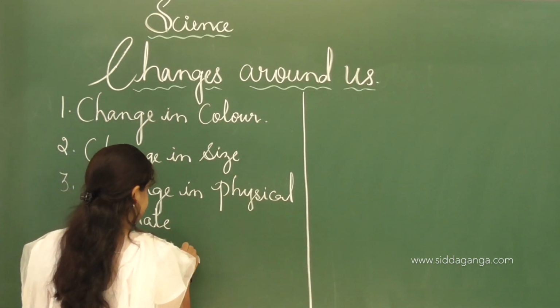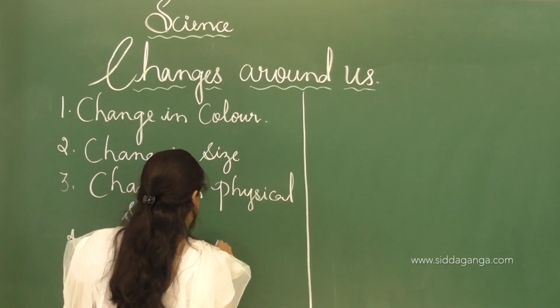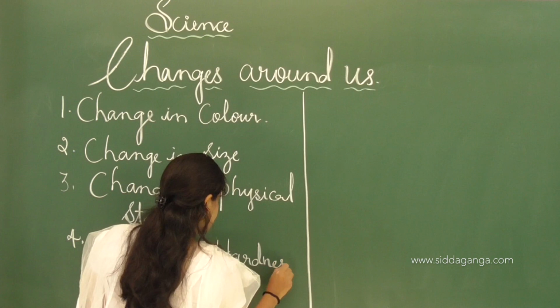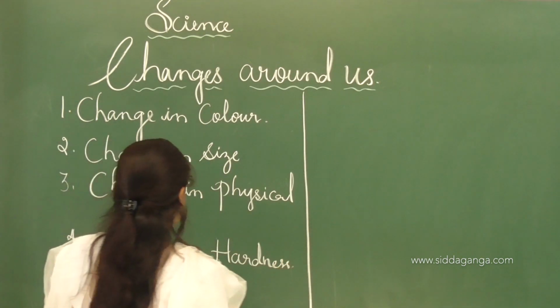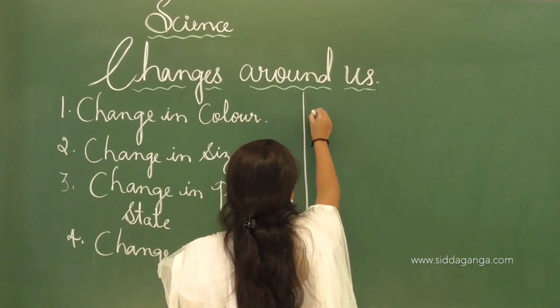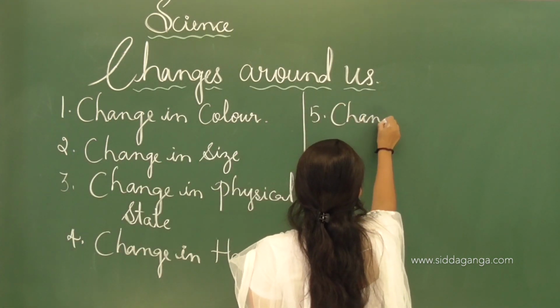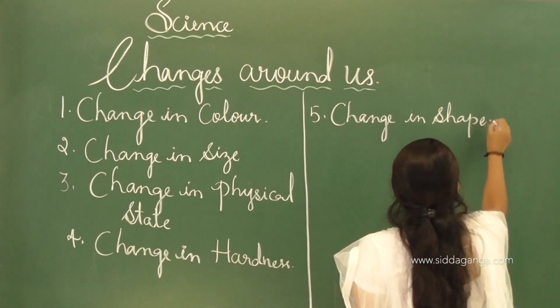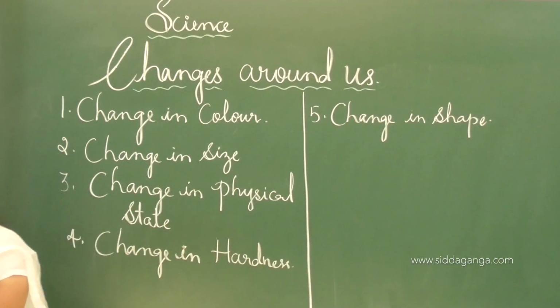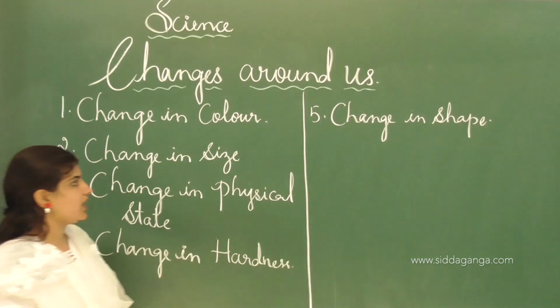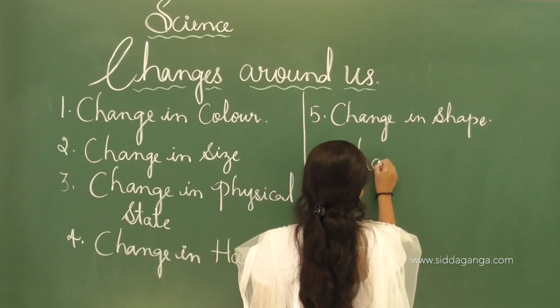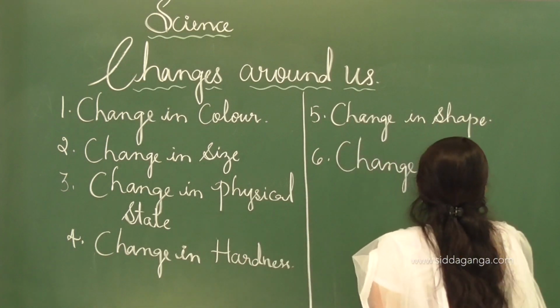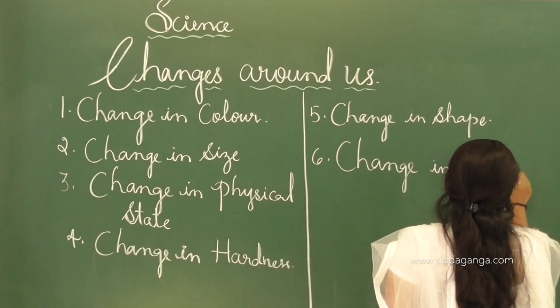Change in hardness. Change in shape. See, one by one: change in the color, change in the shape, change in the physical state, change in the hardness, change in the position. The last one is the change in position.